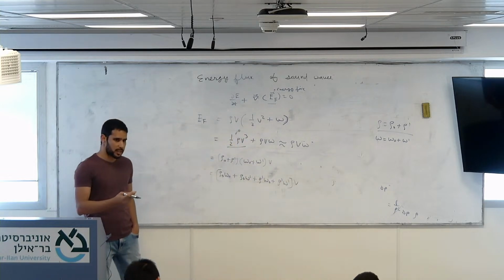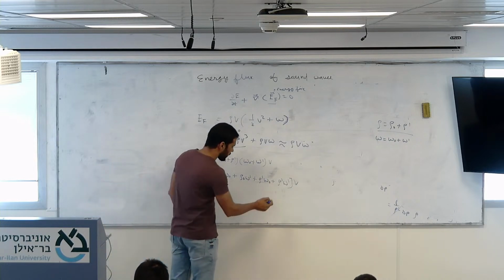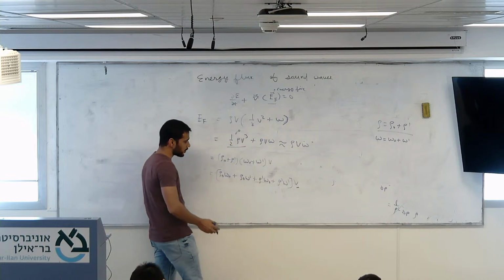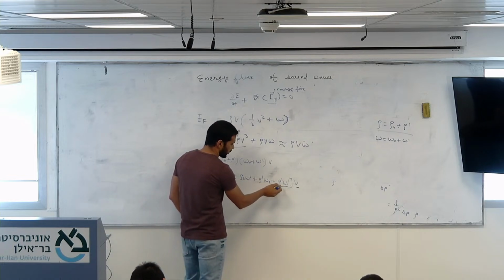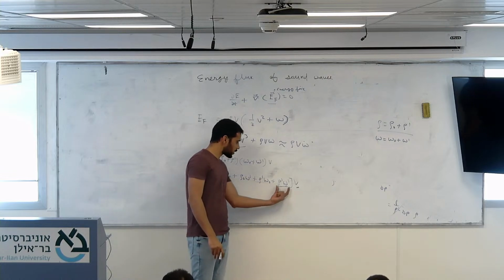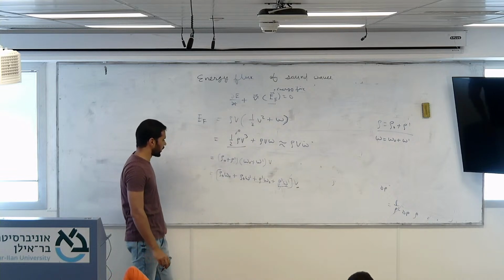Which terms will be neglected here? This is anyway small, which is being multiplied with every term. And this term is zero because it's second order, it's basically third order in prime quantities. So we ignore this term. Okay.